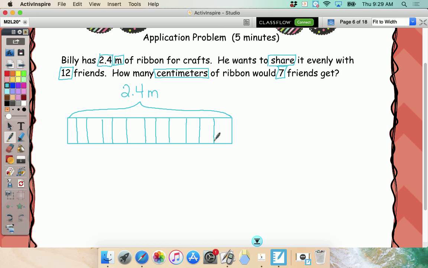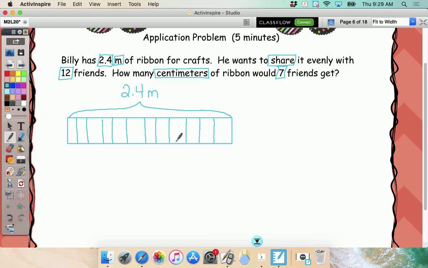Who's he sharing it with? No, who's he sharing it with? 12 friends. That's what you need. Now, what do you think the 7 is for? For each, how much? No. Each friend gets? How many centimeters?